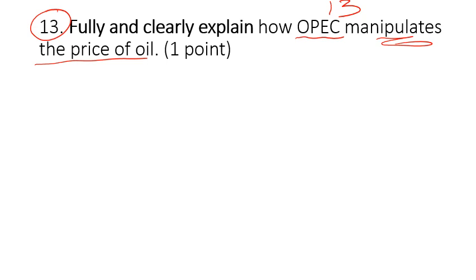So this cartel of 13 or whatever countries comes together, and they decide on how much to produce. In other words, they decide on supply. And by either increasing or decreasing supply, they're able to manipulate the price of oil.